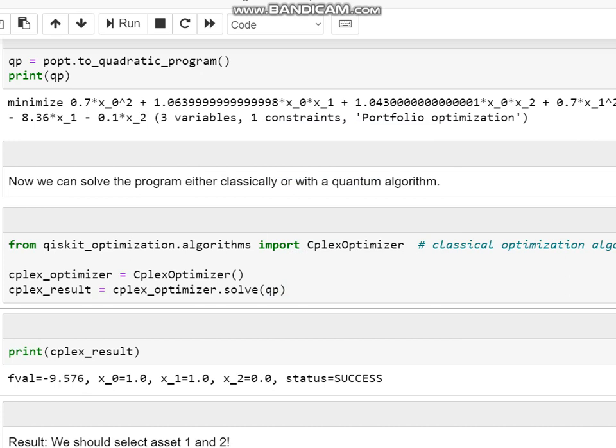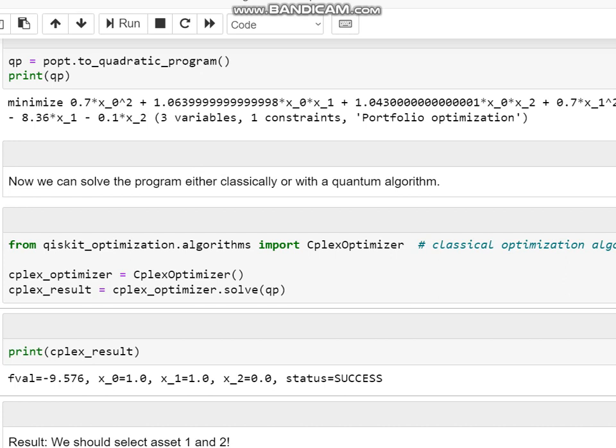And what we're looking for is, we don't really need the val function. What we want is the ones and zeros. So it's saying the first one, 0, is a 1, meaning you should take that into your portfolio. The second one, which is number 1, because it starts from 0, you see, 0, 1, 2, is a 1, means you should definitely take that into your portfolio.